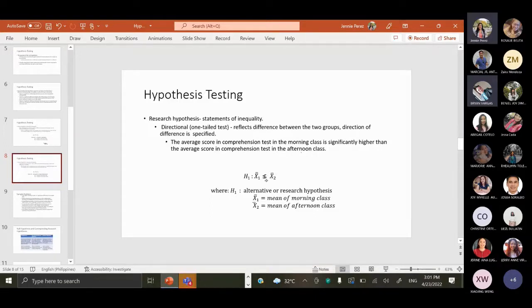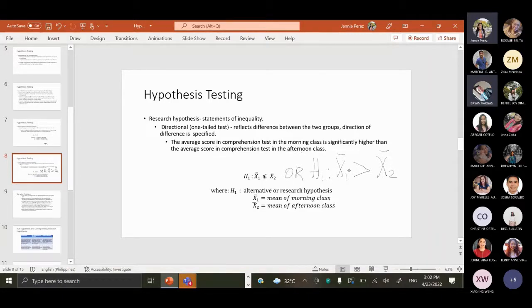May slash dyan. Ibig sabihin, ito is not equal or not less than. Or, to state it in another way, another mathematical equation which has the same meaning as this one, we say, the mean of the morning group is significantly higher than the mean of the afternoon group.